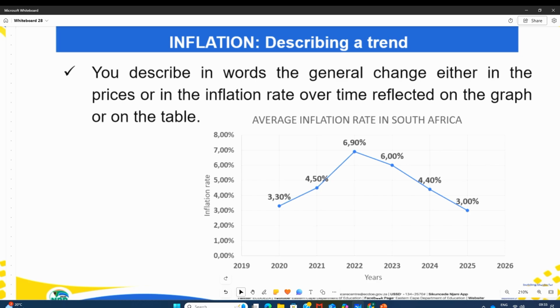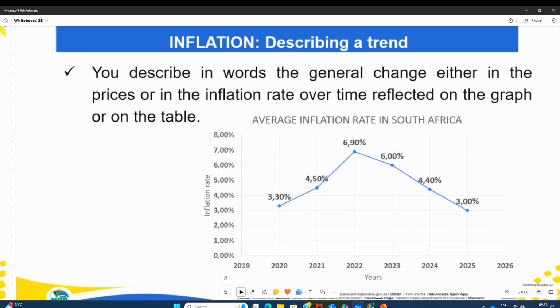So we can see from this graph that we have different percentages, meaning that the prices are increasing, but increasing at different rates. Now, one question might come and say, describe the trend on the inflation rate between 2020 and 2025.